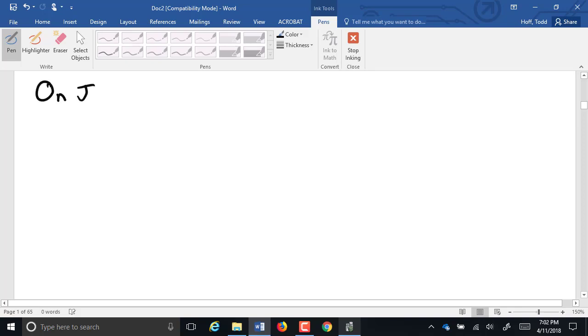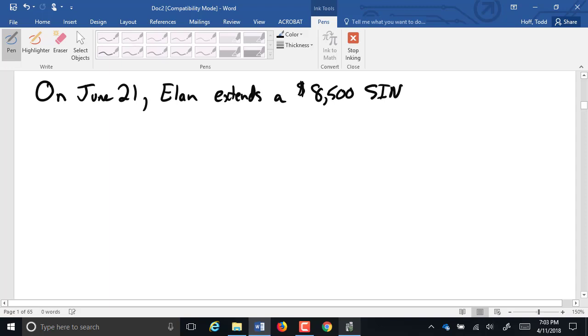On June 21st, Elon extends a $8,500 simple interest note to Aaron at 8.3% for 150 days.